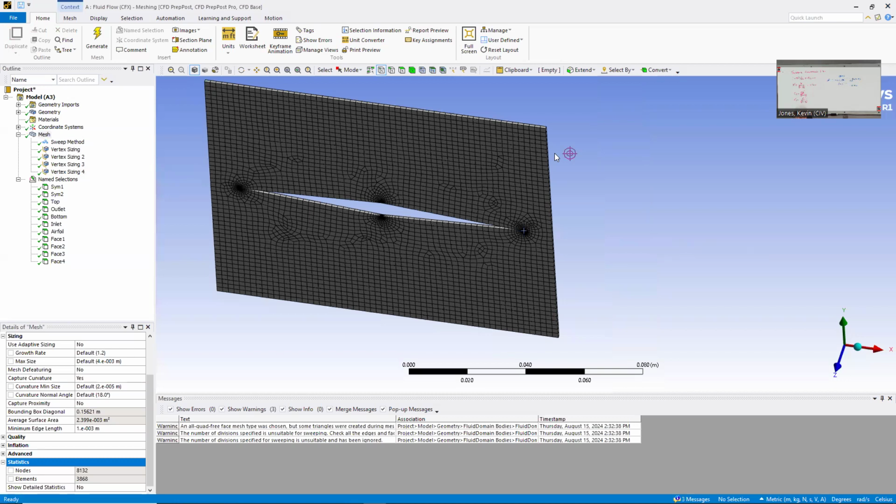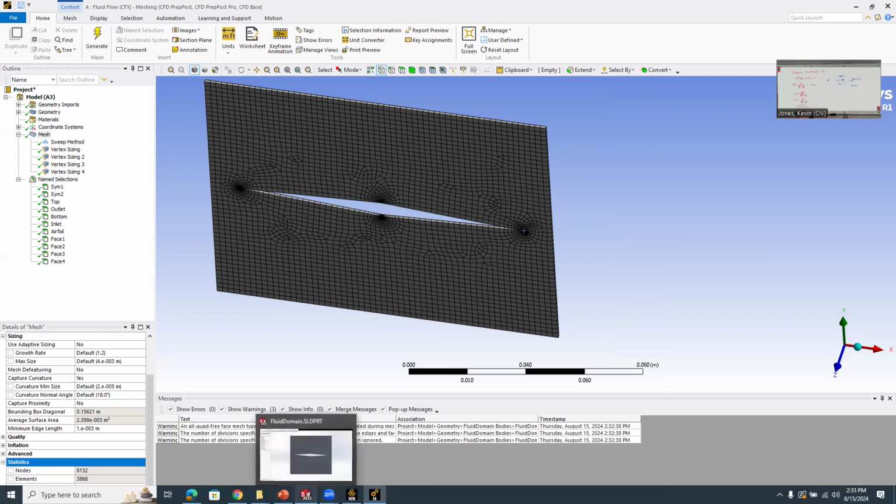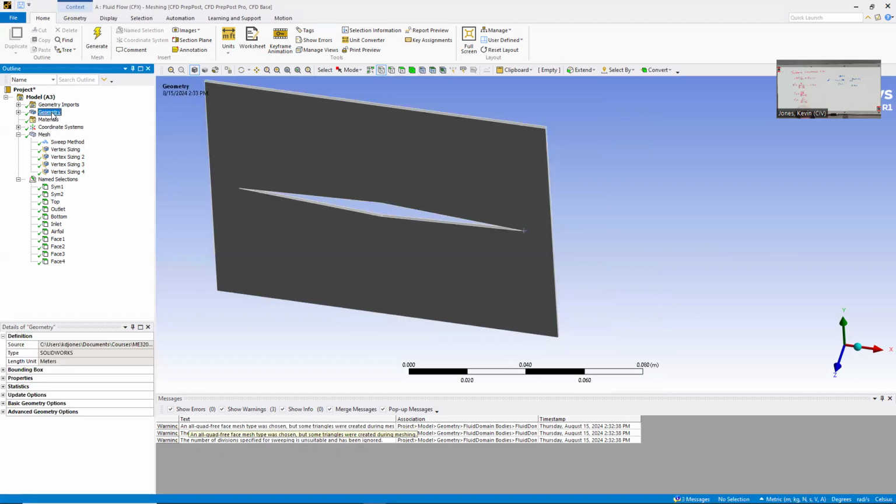Incidentally, I don't know if anyone's done this, but let's say I was working here and then I decided I wanted a longer or a shorter domain, or I wanted to change the angle of attack. You can actually go back into SolidWorks, make your edits, save it, and come back in here. You can try this, update geometry from source.